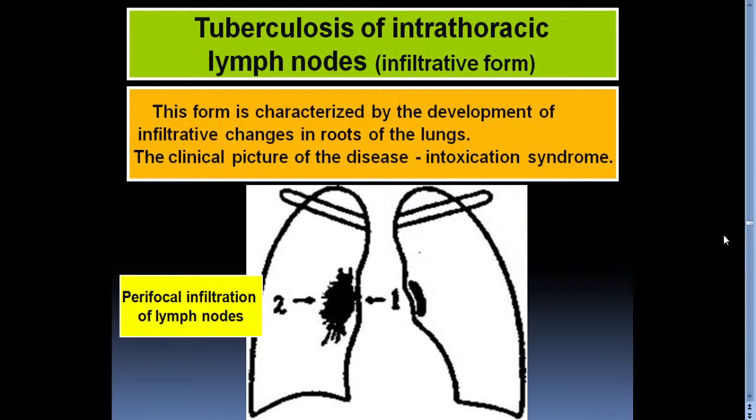That's why specific inflammation spreads from lymph node to lung tissue around this lymph node. And the main clinical symptom is intoxication syndrome. Intoxication syndrome prevails in this form of tuberculosis.